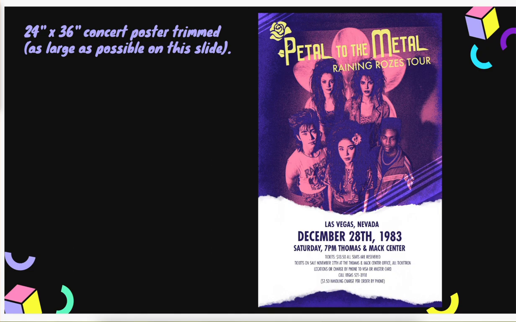So my eye goes to Pedal to the Metal and Raining Roses tour first, but I think that Raining Roses tour should be larger than December 28th. That's the only thing. You have room to make it a little bit bigger, like make it almost as tall as the words "to the." I think that would be fine.